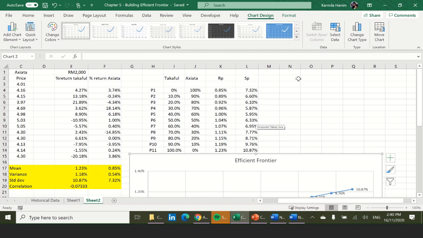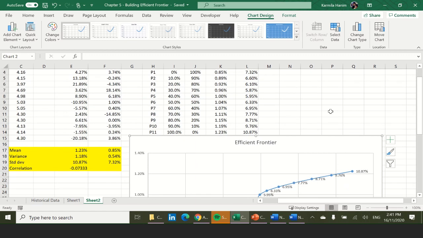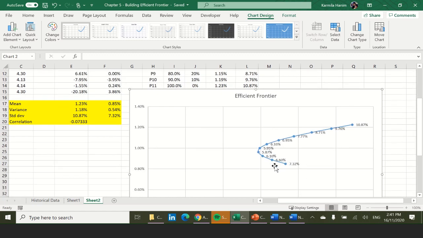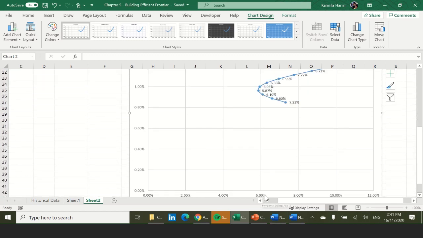Okay, so for simplicity, we ignore the risk-free rate in this example, and we just calculate Sharpe ratio based on portfolio return and also portfolio standard deviation. Okay, now we can calculate for these 4 portfolios, because for these 4 points, the risk falls lesser than 6.5%.